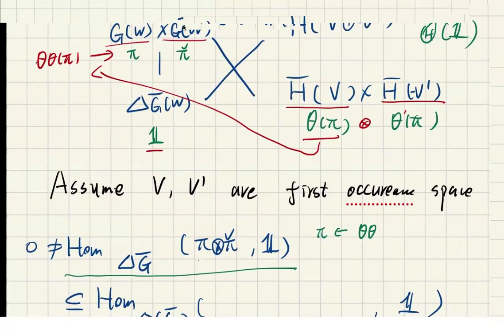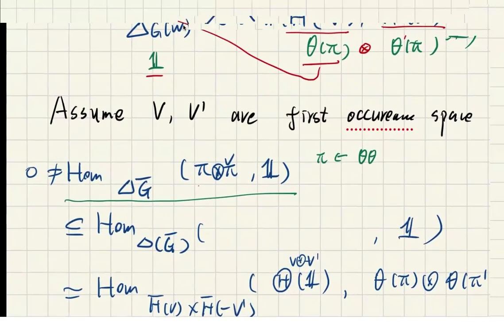So the fact is that you observe that big theta, maybe I use another color, big theta of theta pi tensor theta prime pi, okay, it has a quotient to pi tensor pi check.